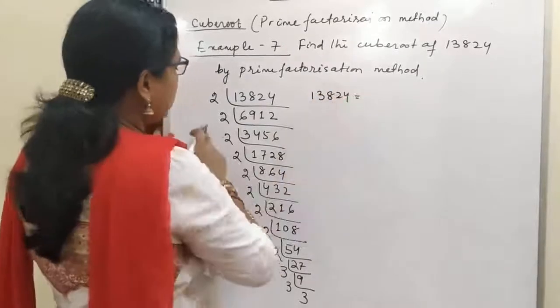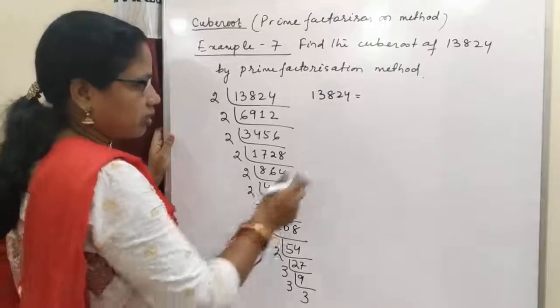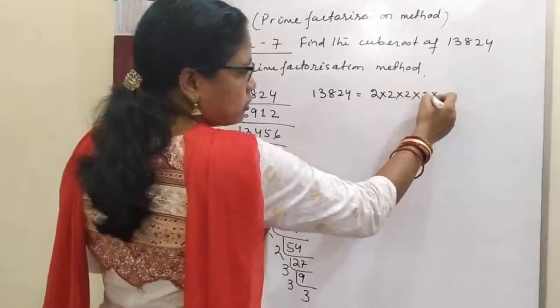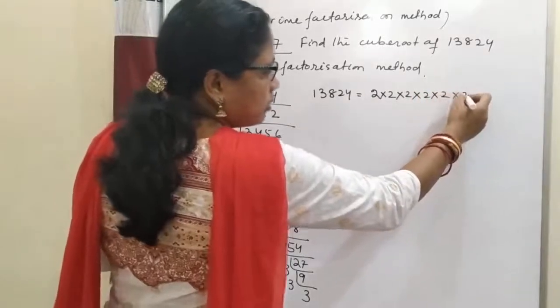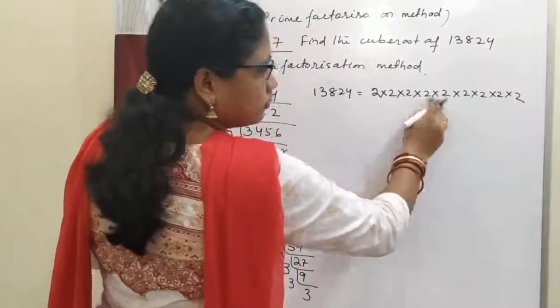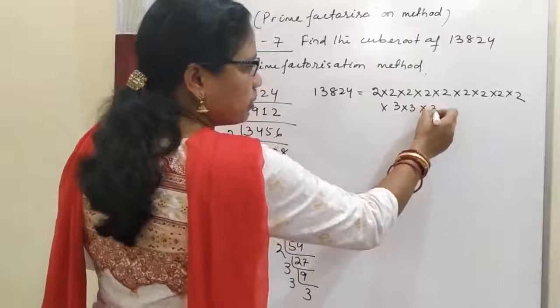So 13,824 is equal to, how many 2's are there? 1, 2, 3, 4, 5, 6, 7, 8, 9. It is equal to 2 multiplied with 2, and so on; you have to write 9 factors, multiplied with 3, multiplied with 3, multiplied with 3.